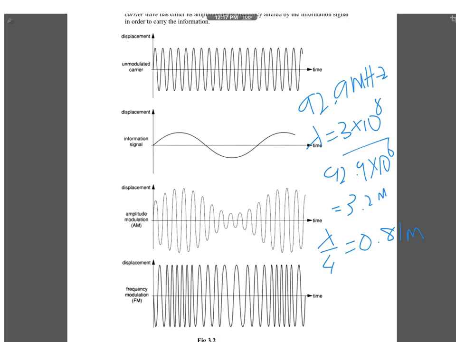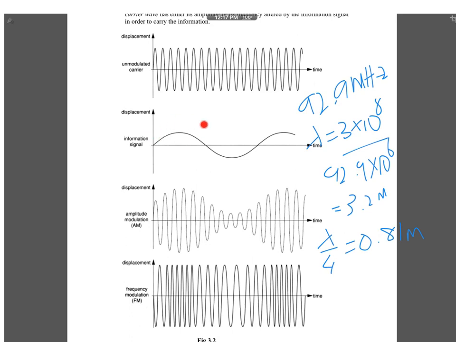Modulation is adjusting the amplitude if you are doing amplitude modulation, or adjusting the frequency if you are doing frequency modulation, to carry the information. For example, if this is the carrier wave that you're sending out, and this is the information signal that we want the carrier wave to carry, we will modify the amplitude of the carrier wave according to the displacement of the information signal.